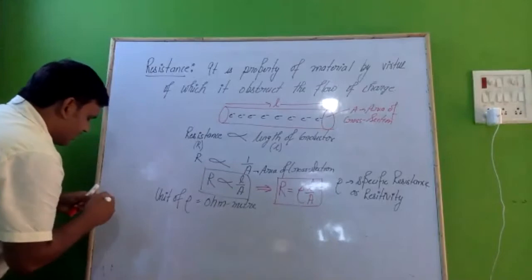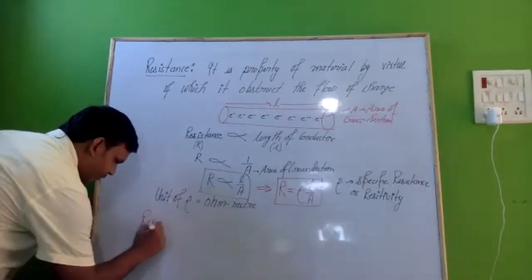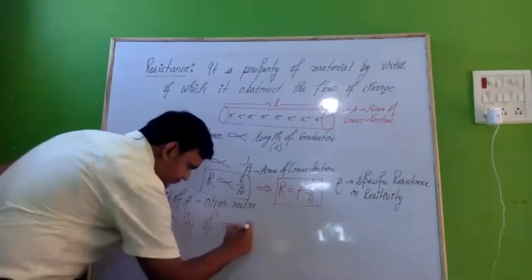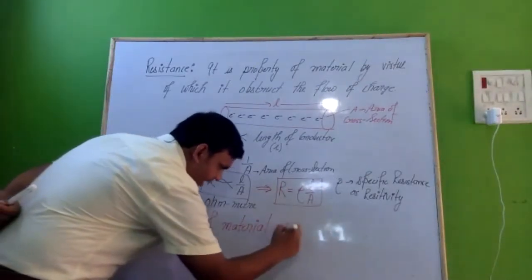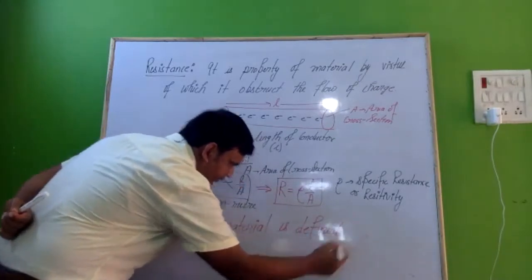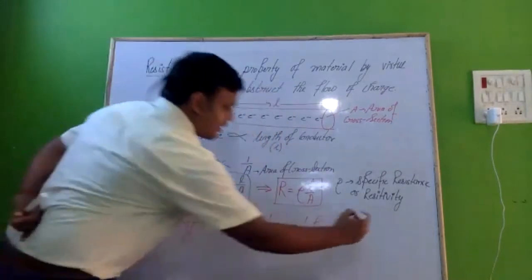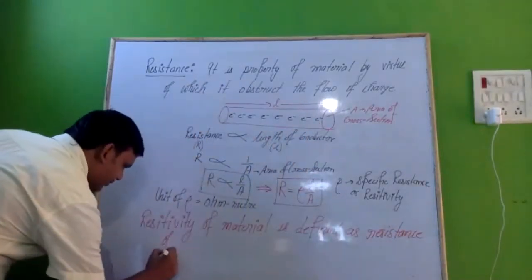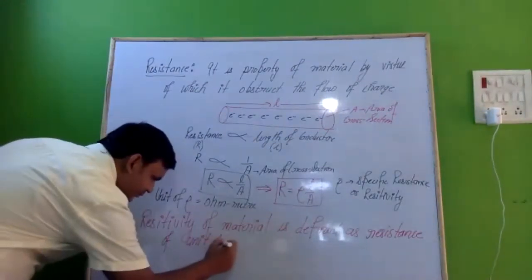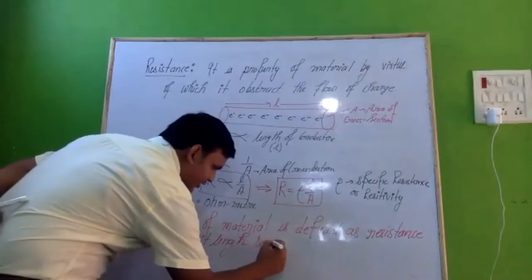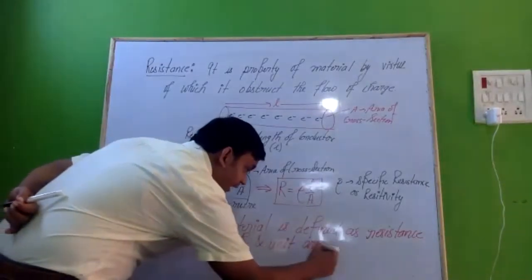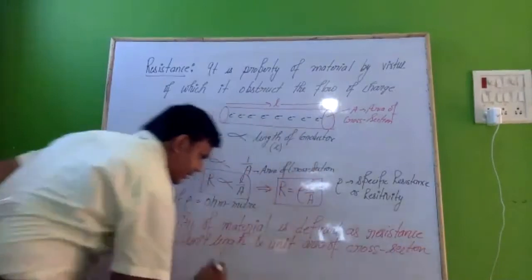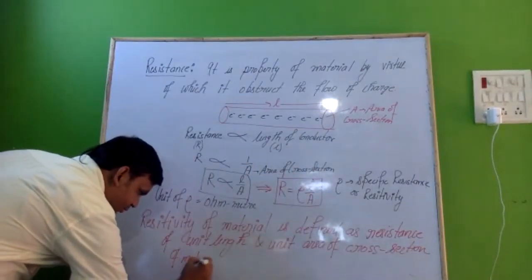So how can we define the resistivity? The resistivity of the material of a wire is defined as the resistance of a unit length and unit area of cross section of the material.